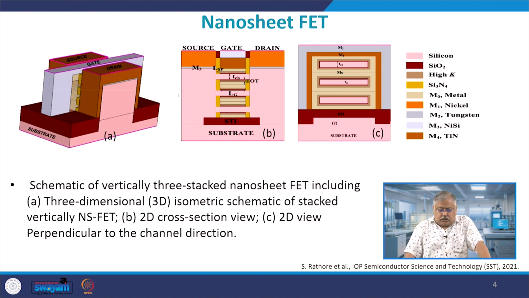Till now when we were discussing bulk MOSFET, the bulk MOSFET was actually a planar device, which means that on the single plane itself you had the source, drain and the gate, and the gate might be of metal or polysilicon, and the metal contacts were generally made up of aluminum or copper. However, when we move to FinFETs, FinFETs for the first time was a non planar device.